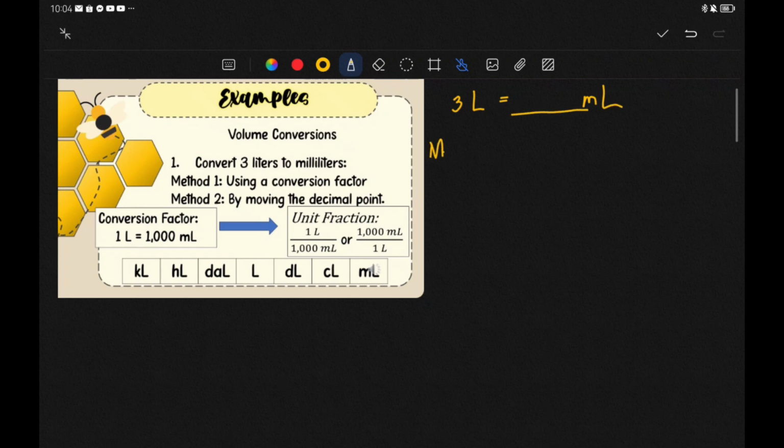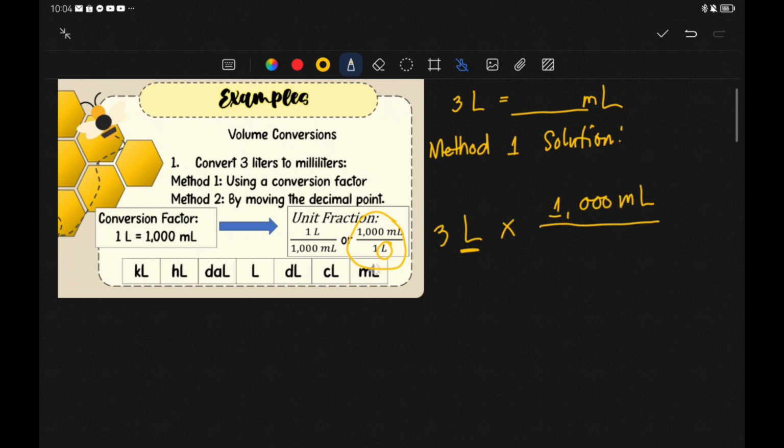Now for method 1, we are going to use the unit fraction. Method 1 solution. The unit fraction for this one is this one. Remember, whatever unit is here should be in the denominator. So that is 1,000 ml over 1 liter.